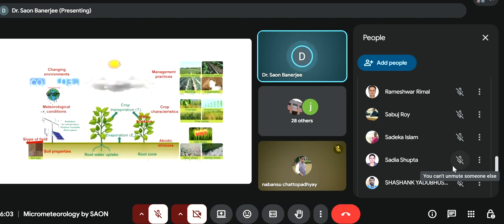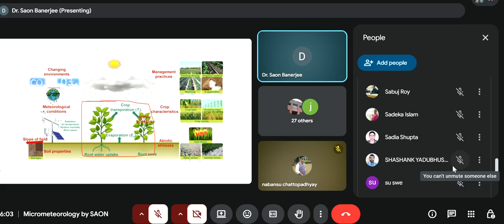Now, at last, how are these actually related with all these things. What we read today, we read up to this zone. Now micrometeorological modification may be connected with the changing environment, with climate change, with solar dimming or high solar radiation, the aberrant meteorological conditions.